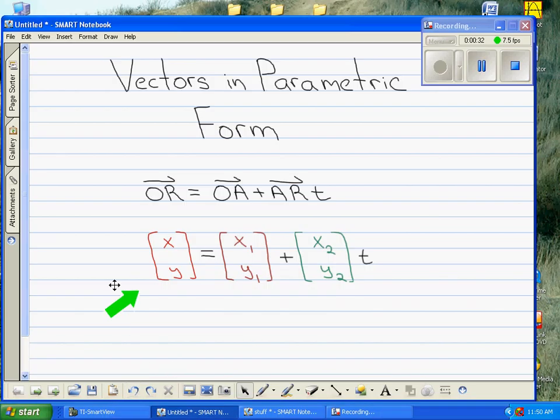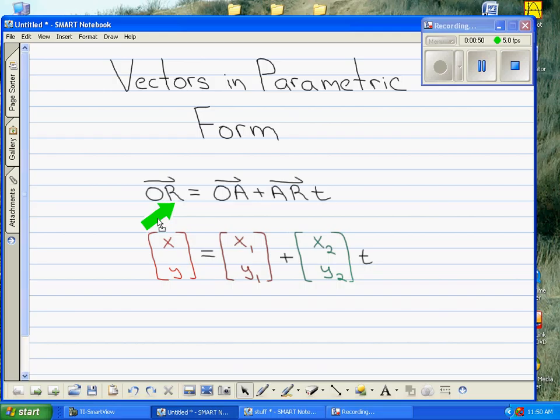To recap on this equation, the vector OR was the vector we are tracking, from where I am standing to where the vector is at time t. So this is where I'm at, and this is where the object is at any given time t.